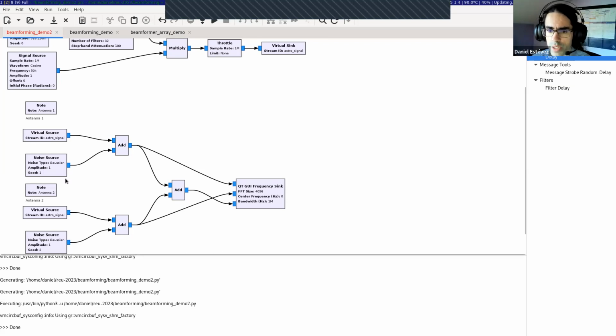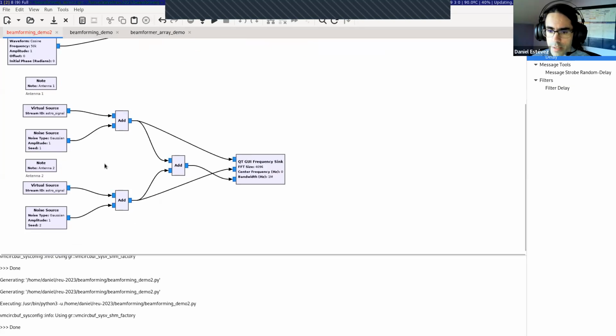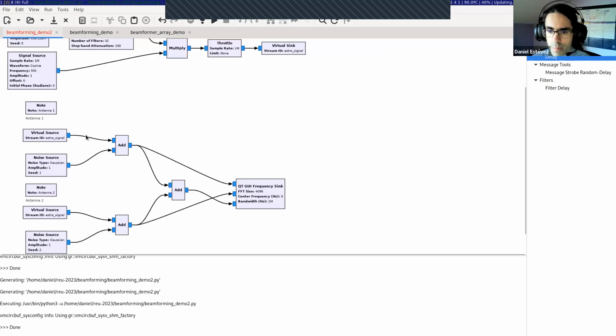Since I only care about the difference in Doppler, the difference in delay, the difference in phase between the two antennas, I'm going to apply that difference to antenna 2 and leave antenna 1 untouched. And that's one way to do it. Of course, I could apply some changes here, some changes there, and I would only care about the difference in frequencies, delays, and so on.